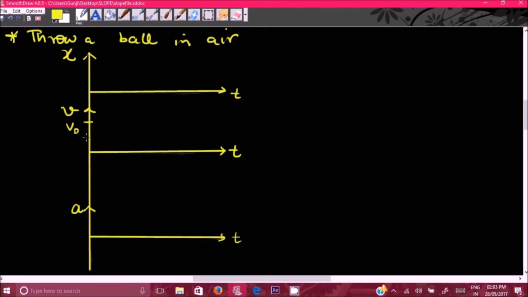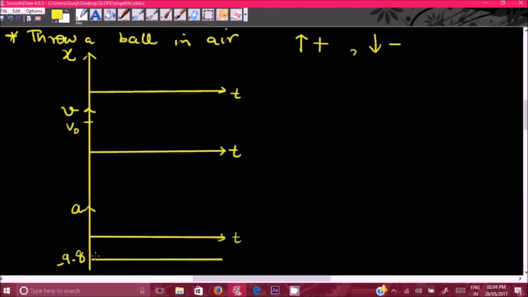It's under constant acceleration due to gravity, which is of the value 9.8 meters per second square. We are assuming the upward direction to be positive and the downward direction to be negative. That means it's under constant acceleration due to gravity, which is minus 9.8 meters per second square, and it's constant, so the graph will be like this. It's a constant acceleration, value minus 9.8.